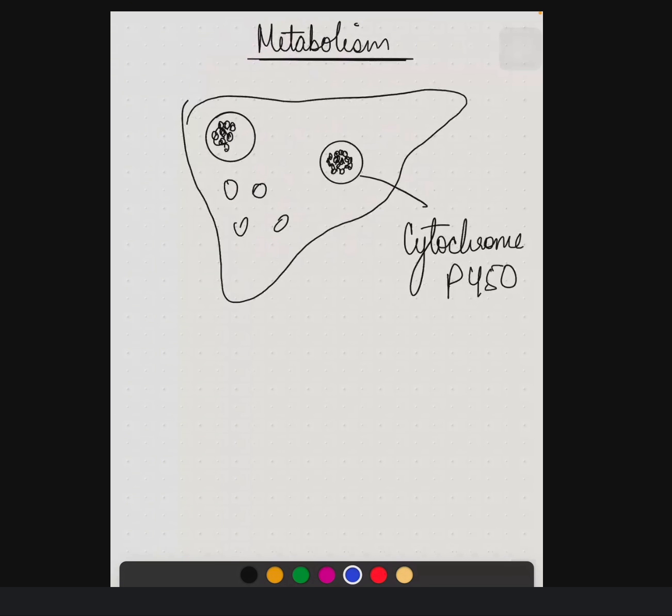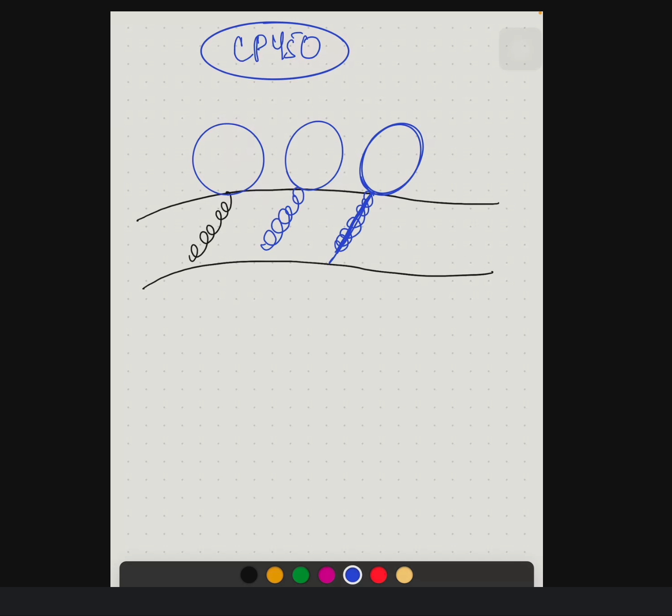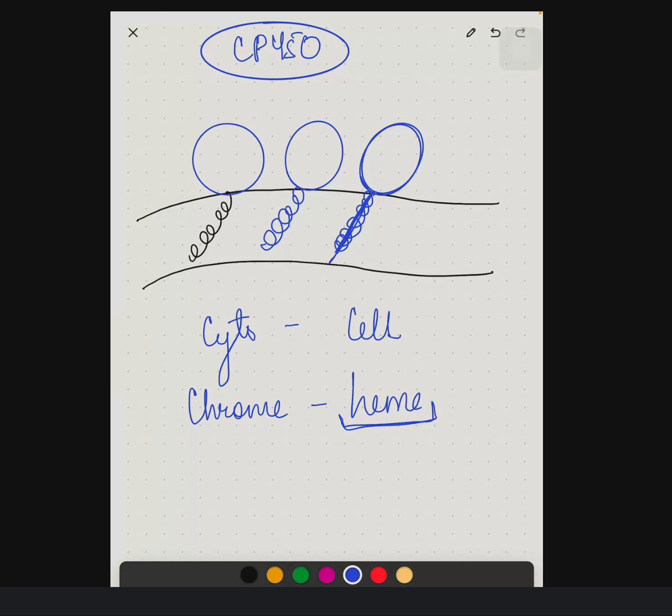So the cytochrome P450 is a broad term for a large family of enzymes that are present on the surface of the hepatocytes. They are membrane bound enzymes, and they are named so because cyto means cell, and chrome means heme, the color. These enzymes actually have a core of heme molecule.